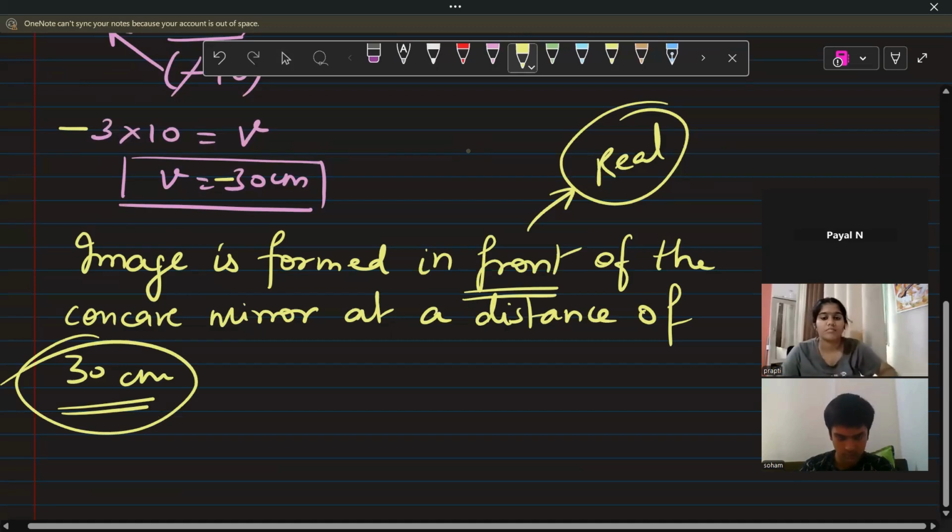You understood? Ma'am, why? We don't write down the distance as negative. Yes or no? Clear? Is that clear to you, Prapti?